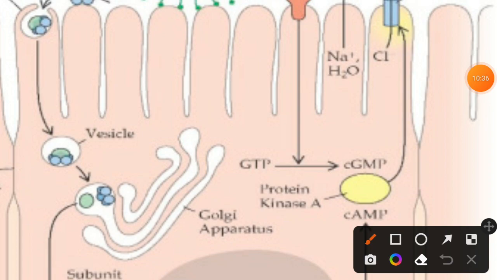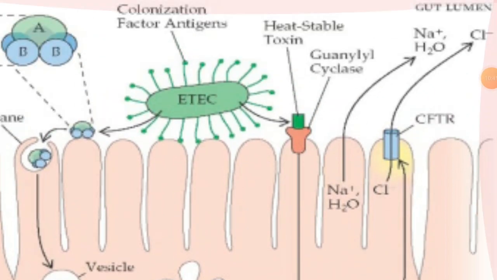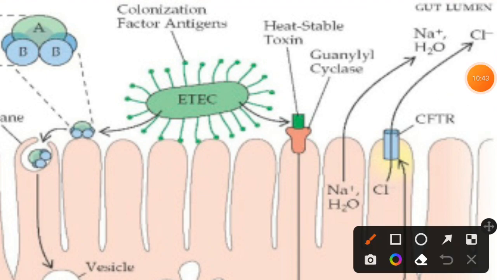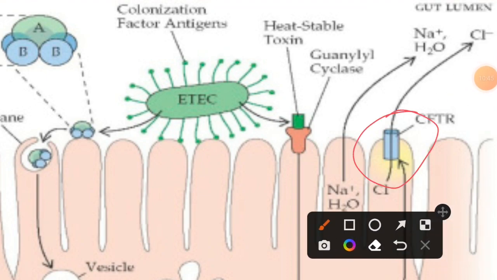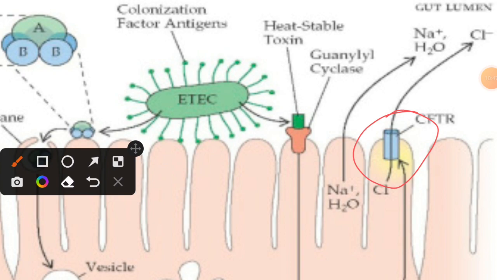Protein kinase A will in turn activate the CFTR channel. So what is the CFTR channel? The CFTR channel is a specific channel for chloride. Chloride ions enter and also leave the cell via this channel.